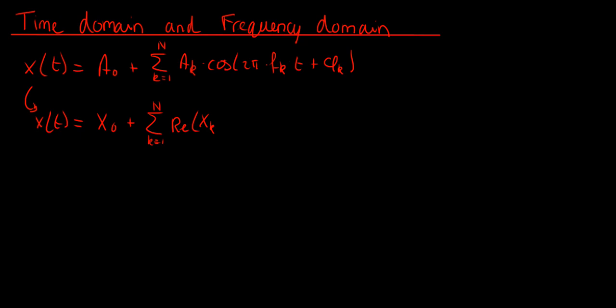That's why they are called x right now and not a, but it's not that important for now. Times e to the power 2 pi times f_k times t times i.